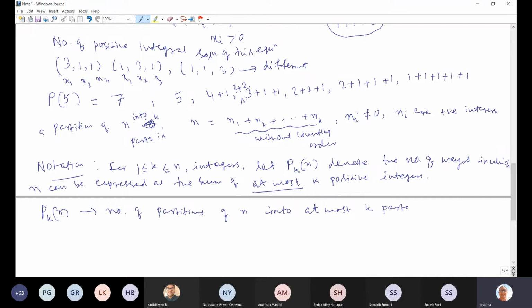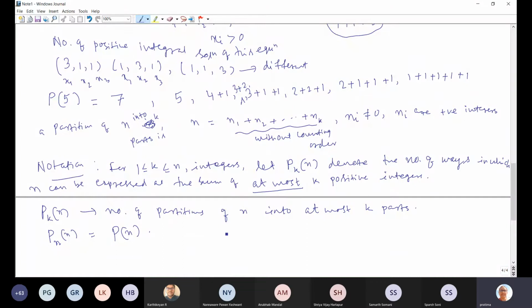That is Pkn. From this notation, of course, when k is equal to n, Pnn would have been your Pn. Therefore Pnn is equal to Pn.